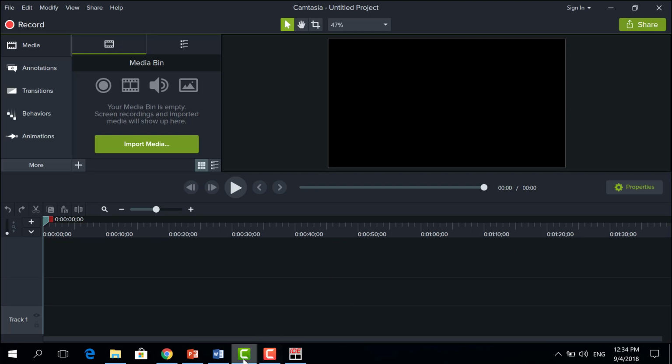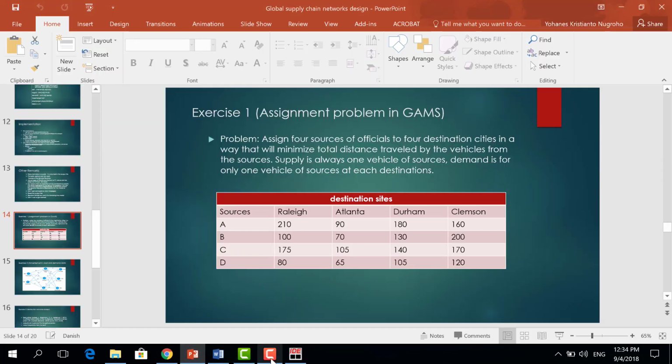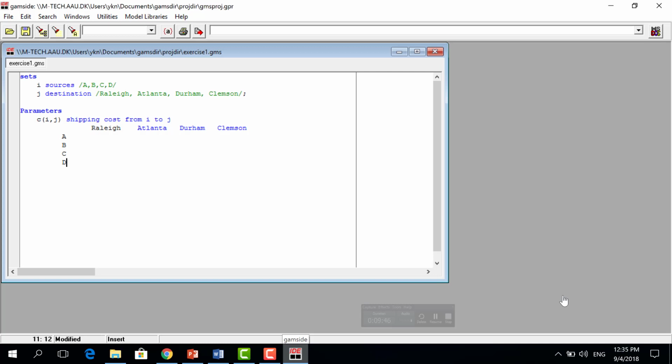And now, sorry, yeah, we can have this kind of tables, but because we have more than one dimension of parameters, here Cij is not defined as parameters, but as tables.